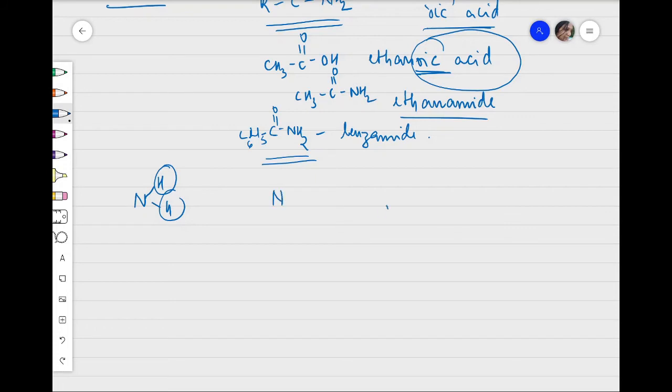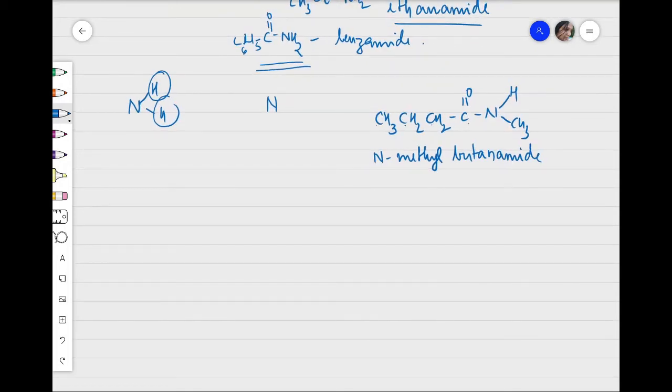For example, if I have CH3, CH2, CH2, C double bond O, N, H, CH3, this is a secondary amide, where I name it as N-methyl. The chain is 1, 2, 3, 4, so it is butanamide. So N-methylbutanamide. This is a secondary amide.